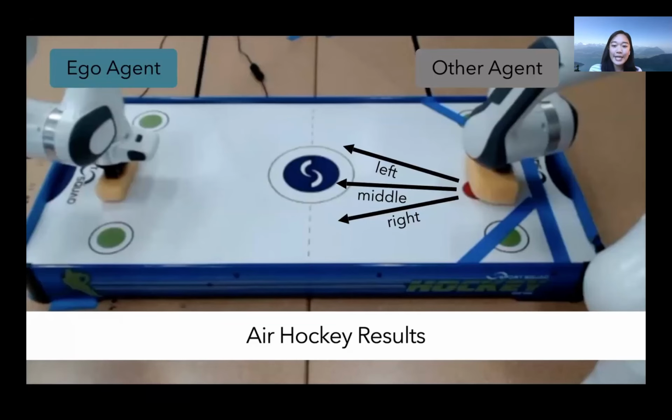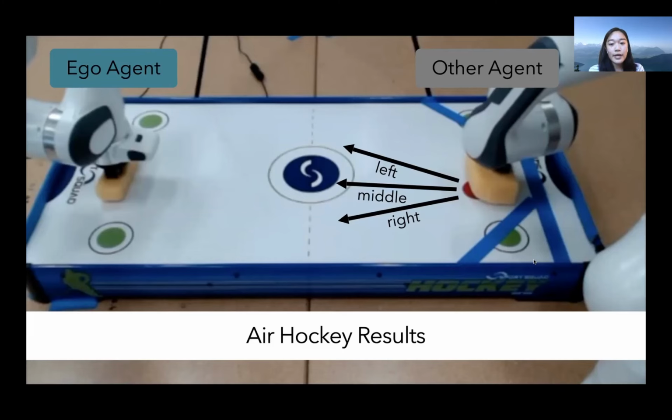We also tested our approach in this air hockey game played between two robots. The goal is to learn a policy for the ego agent to block shots from the other agent. The other robot can strike the puck in one of three directions, which correspond to its three strategies: it can aim either to the left, down the middle, or to the right.